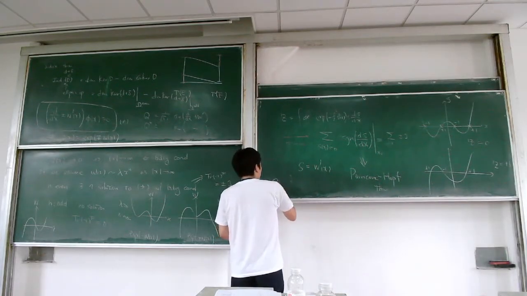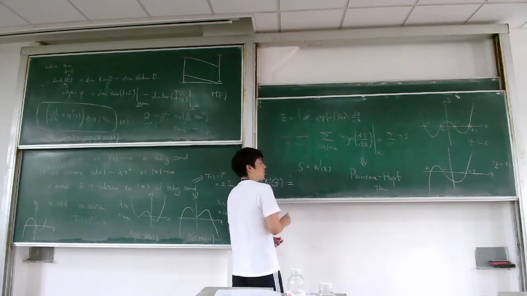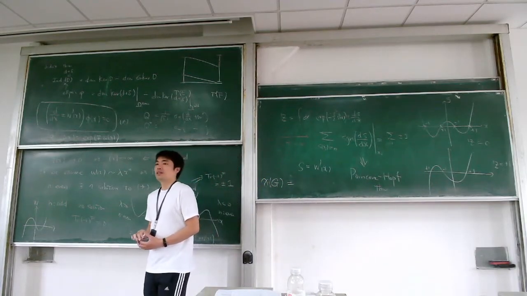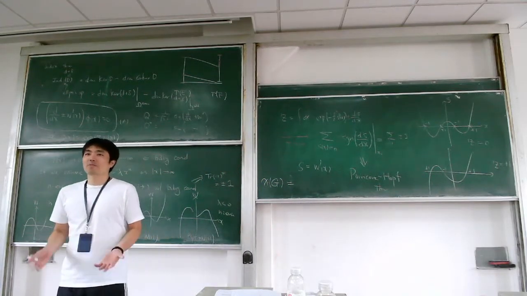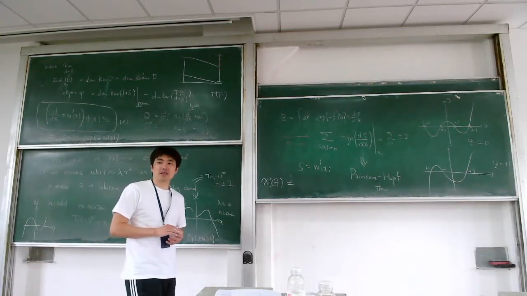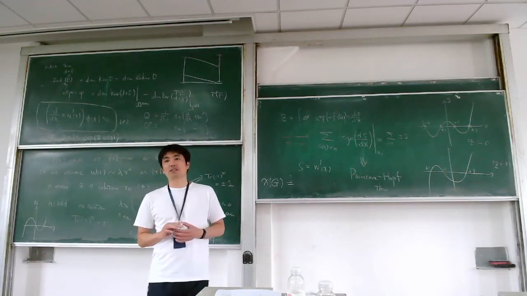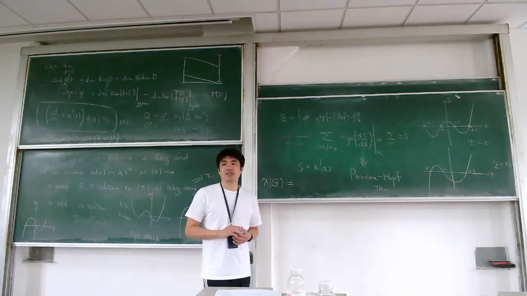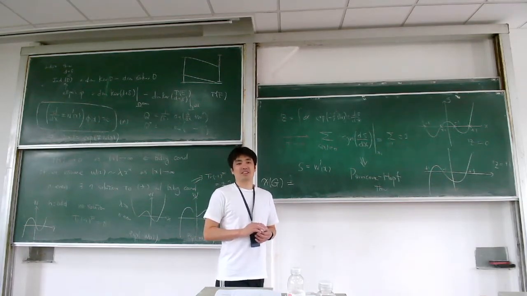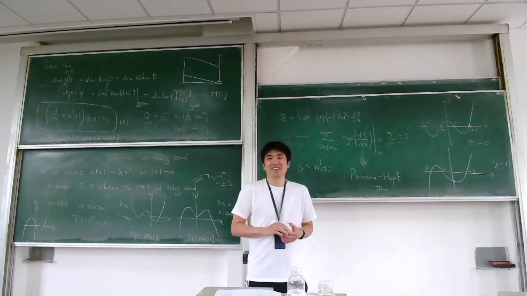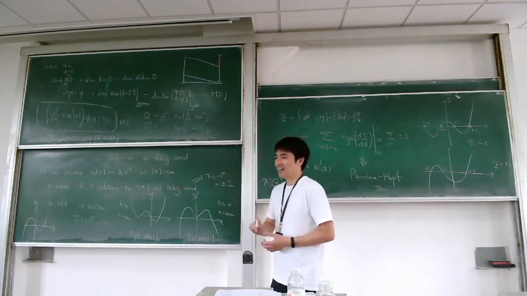If G is a compact Lie group, the Euler characteristic of a compact Lie group is what? Zero. Why?